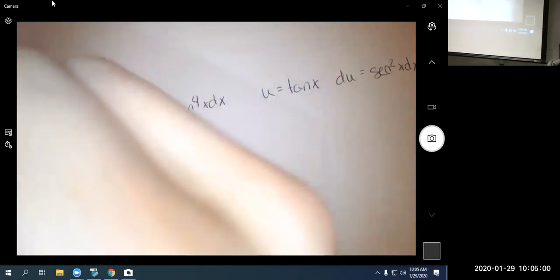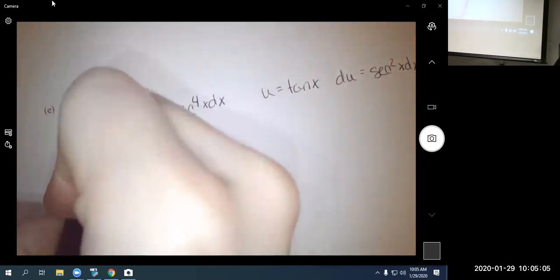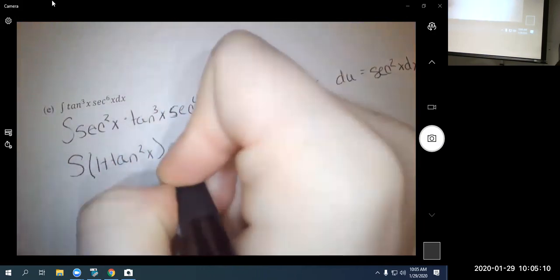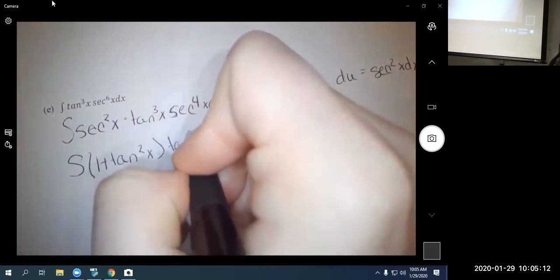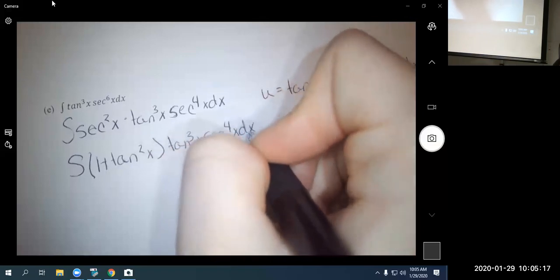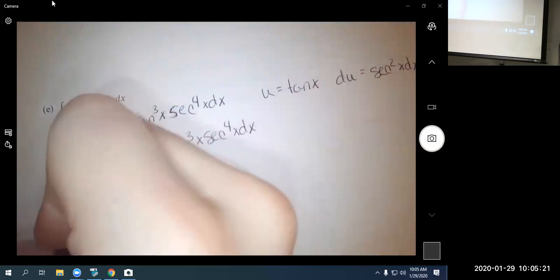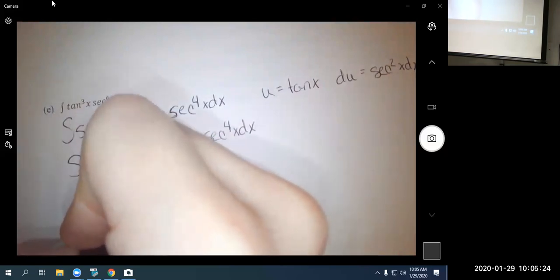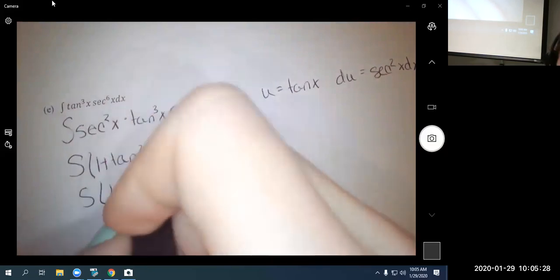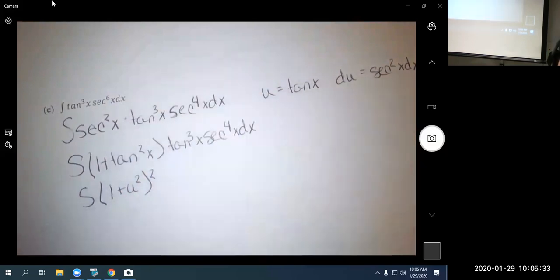Then you substitute it and leave the rest the same. Now you can change u back to tangent. We're splitting the secant x squared together with dx.